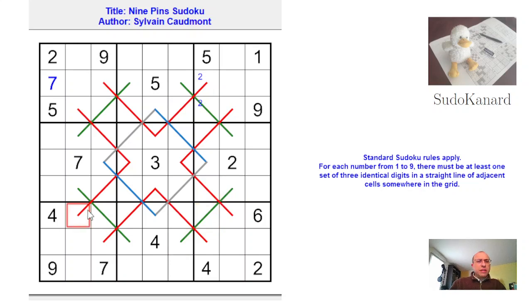What about red? It can't be on this one, it can't be on this one. Not this one, not this one, not this one. Not this one, but this one and this one are possible. Well, doesn't seem so easy.